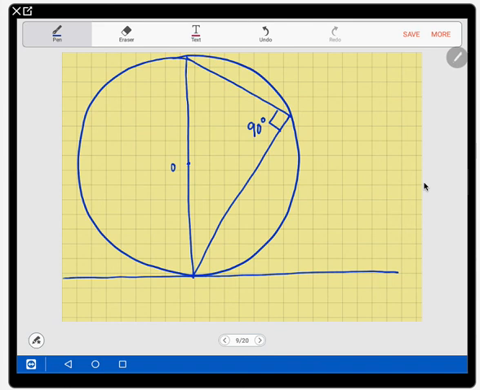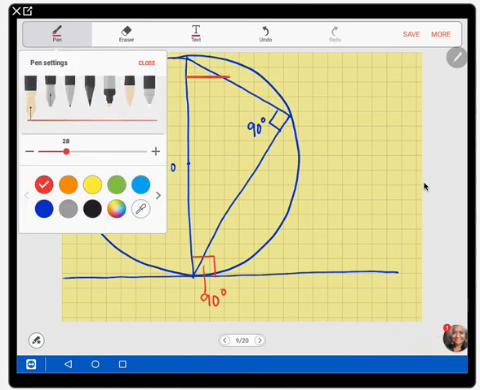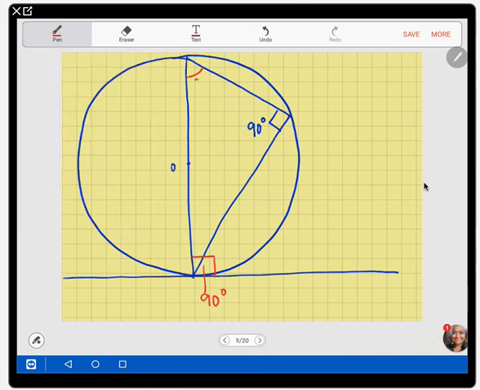And we also know this is 90 degrees. If I call this angle here X, this angle will be 90 minus X. Correct? You agree with me? Because the sum of the interior angles in a triangle is 180 degrees, right? Fine.